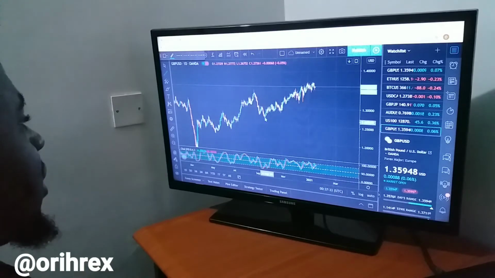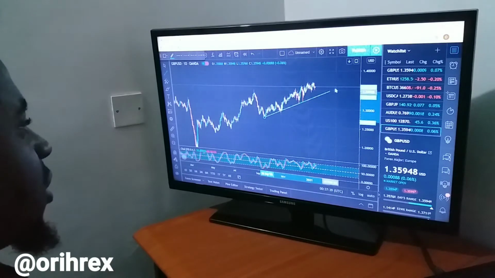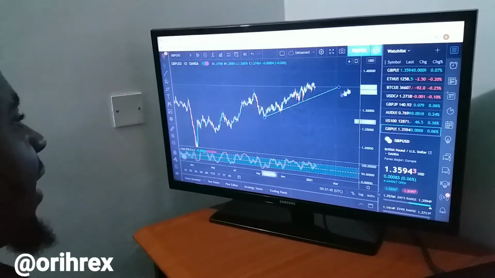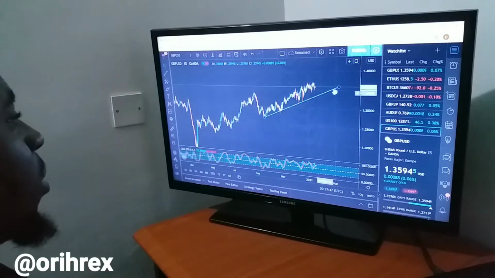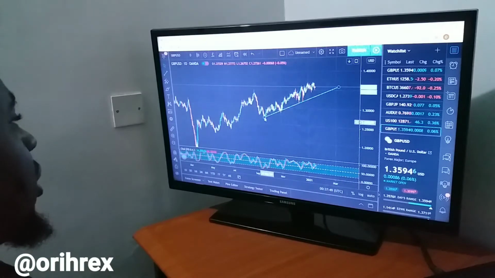From here up till this area will be regarded as the area of support. The price kind of created a channel here.